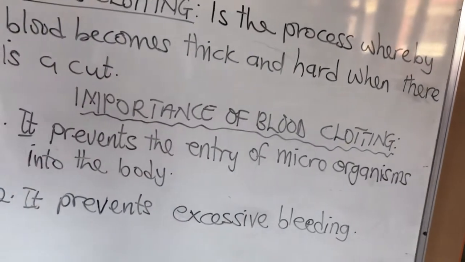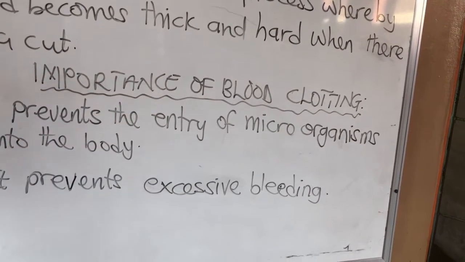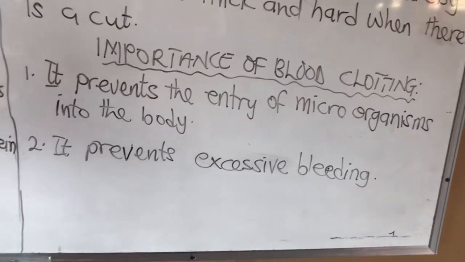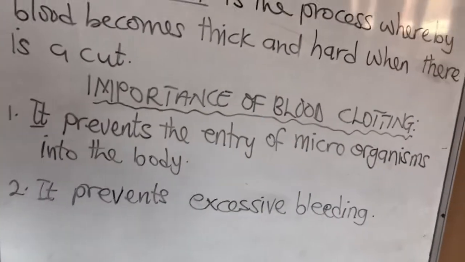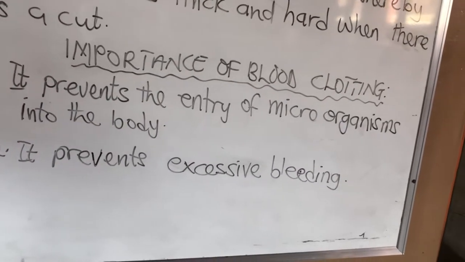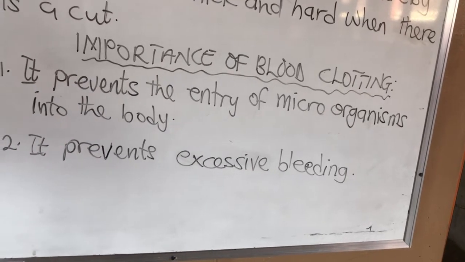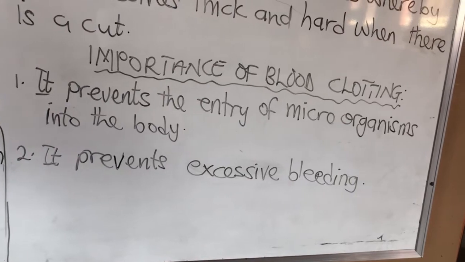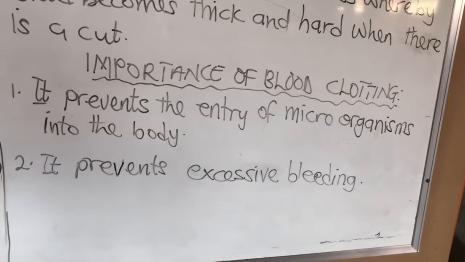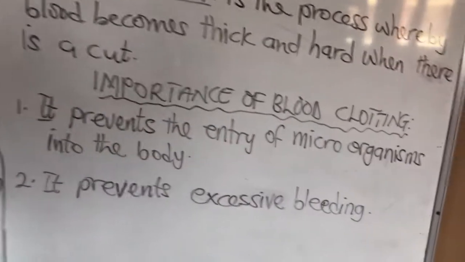Blood clotting is important because, one, it prevents the entry of microorganisms into the body. For example, when you get a cut, there are microorganisms or bacteria which enter the body to cause a sore in the affected part. But with blood clotting, the moment the cut occurs, the portion becomes very thick and hard, and therefore prevents any microorganisms from entry.